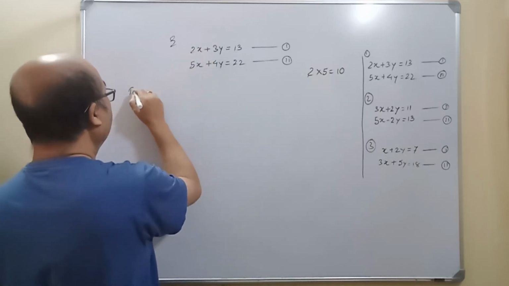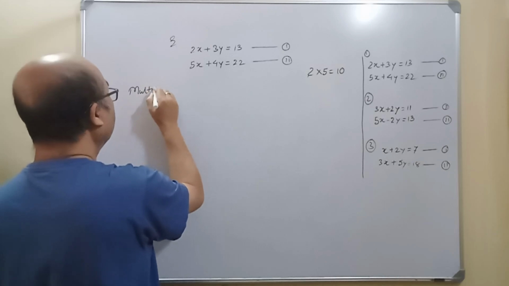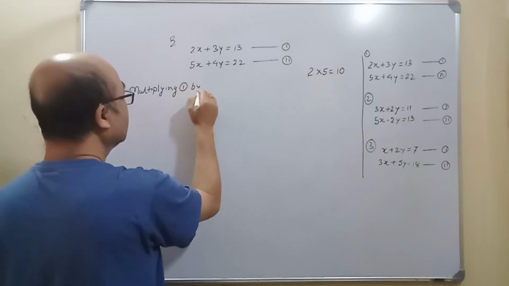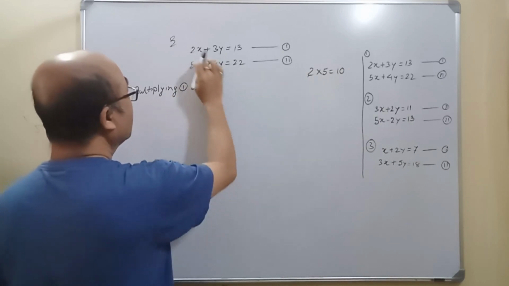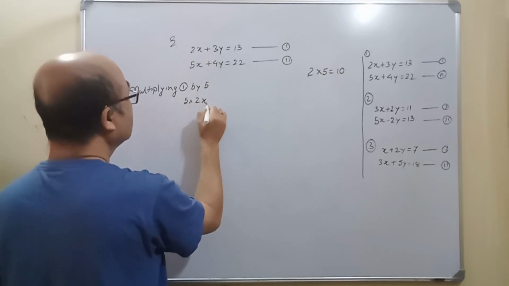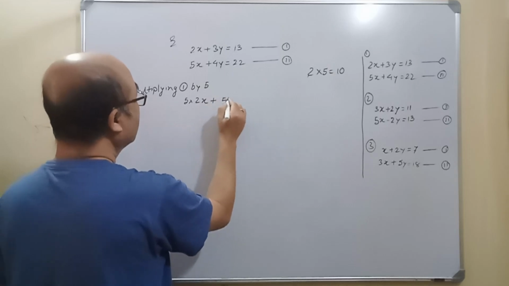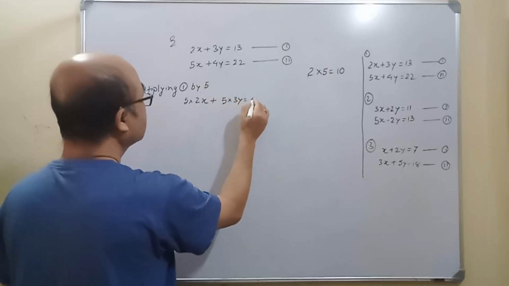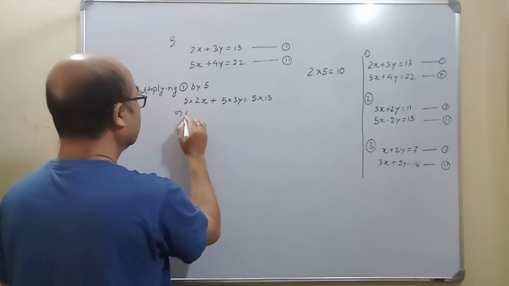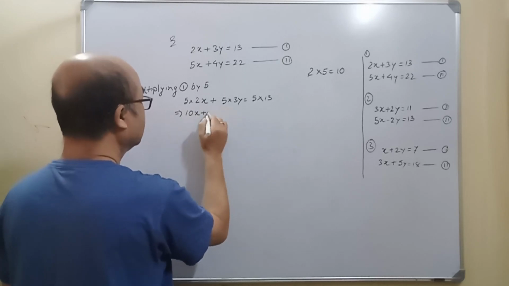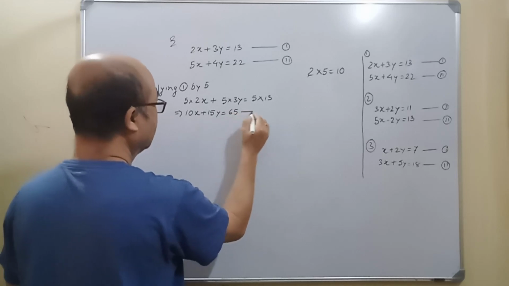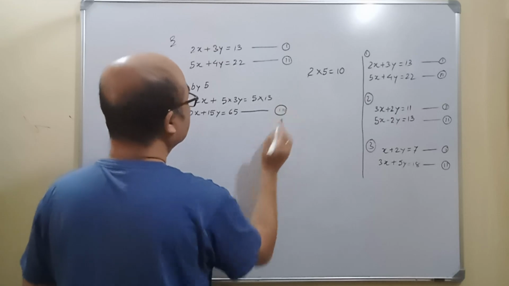So multiplying 1 by 5, we get 5 into 2x plus 5 into 3y is 5 into 13, which implies 10x plus 15y is 65. Let us say it is equation number 3.